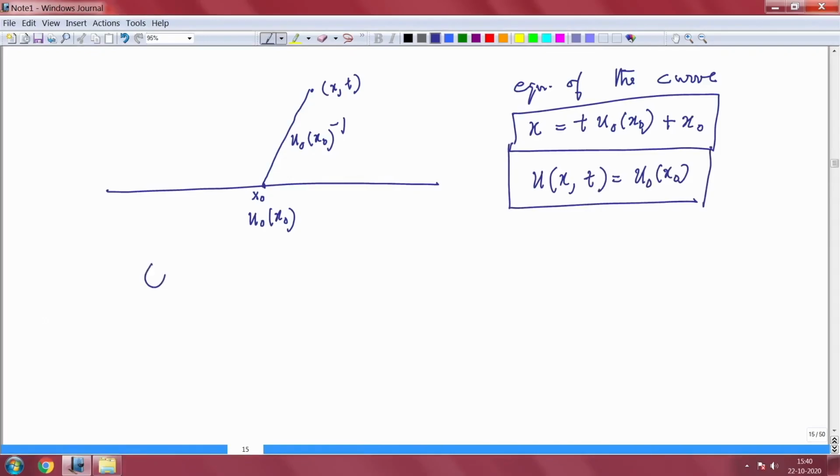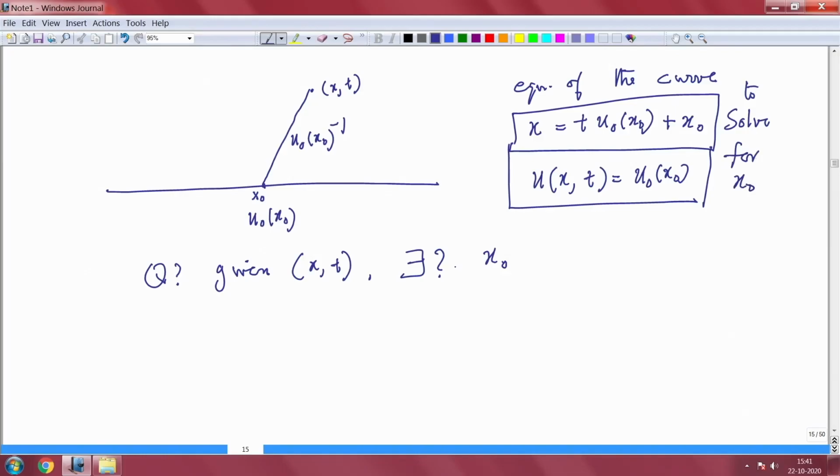So, the question is: given (x, t), the same inverse question, does there exist an x naught? You want to solve this equation for x naught for given (x, t).